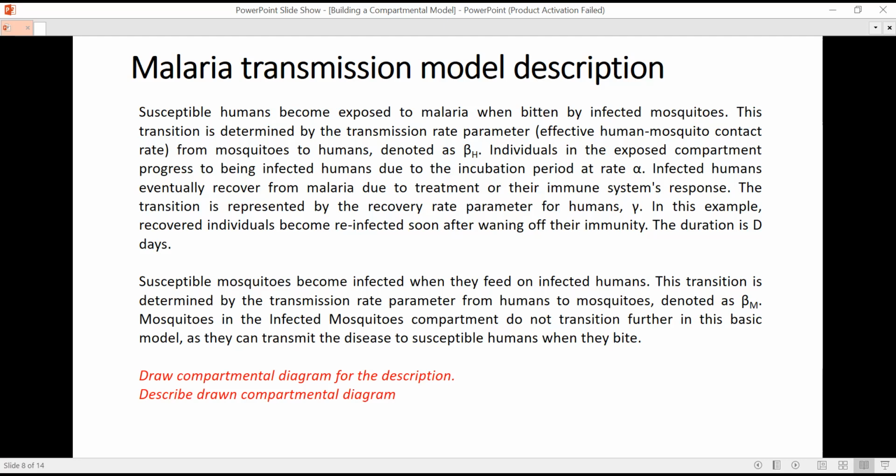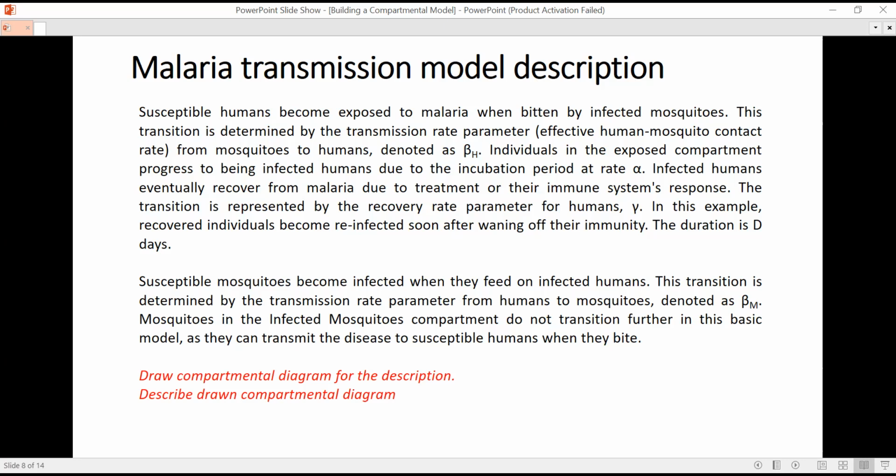So mosquitoes go from susceptible to infected and can only transmit to humans. Humans who are bitten by infected mosquitoes transit to exposed, then infected, then recovered, and back to susceptible after D days.